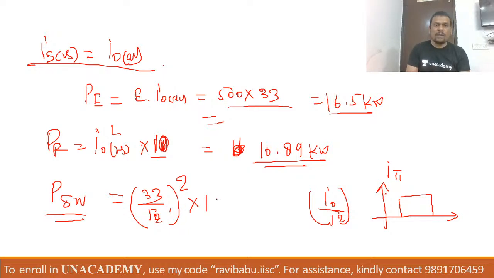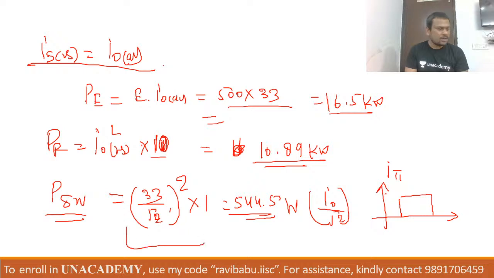So this total power will come 544.5 watt. Just check it, beta. This is the loss in one switch, SCR T1.